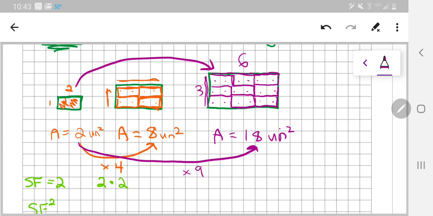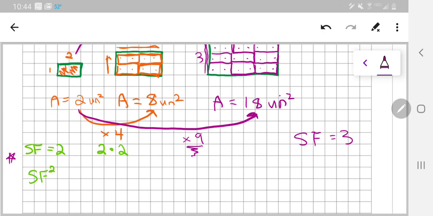Does that fit this original pattern over here where, okay, if the scale factor was 3, right? What's that area factor? I'm thinking about it in quotes because it's just my own label for it, but what's the area factor? The area factor is 9. Does that fit our pattern right here of the area factor always being the scale factor squared?